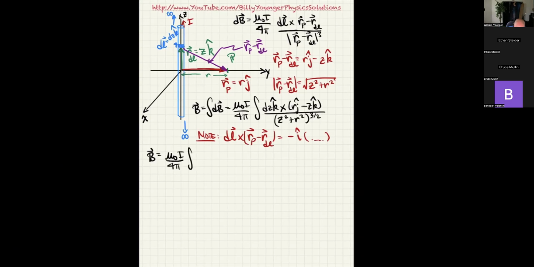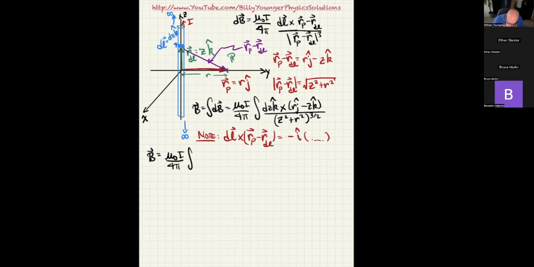What I'm going to do is pull all the constants out in front. Now, remember the magnitude of r_p minus r_dl, this guy in the numerator, is just the square root of z squared plus r squared. And what you might notice also is that we're going to consistently have a k hat crossing an r j hat and a k hat crossing with a k hat, and you can see that that's going to be 0.